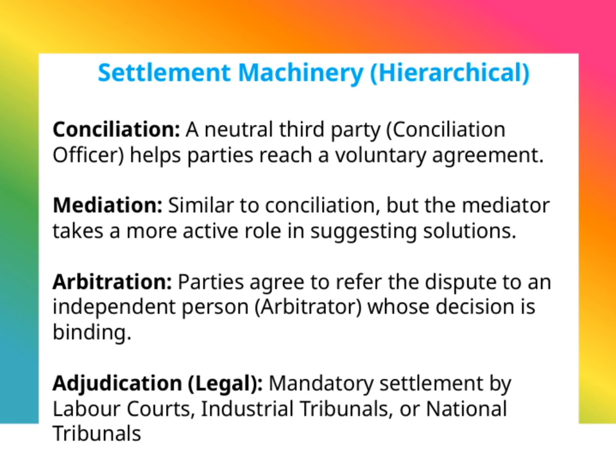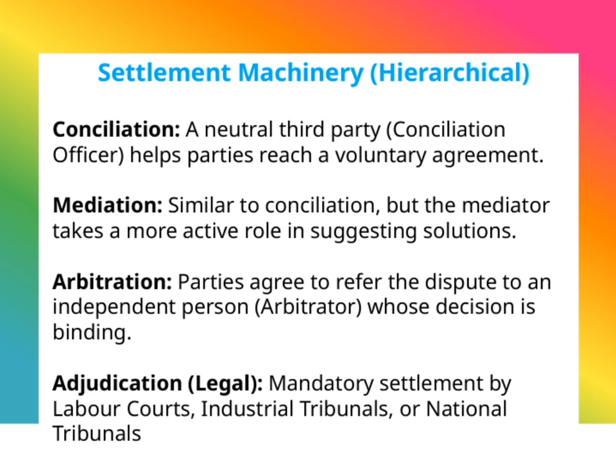Then we have arbitration. Here, both parties agree to refer their dispute to an independent person, called an arbitrator. The important point is that the arbitrator's decision is binding, meaning both sides must accept it, making this a more definitive resolution. Finally, there's adjudication, which is a legal process. This involves mandatory settlement through labor courts, industrial tribunals, or national tribunals.